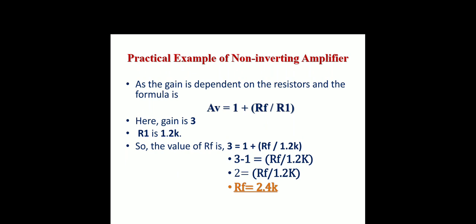So put these values in the above formula and we get 3 is equal to 1 plus RF upon 1.2 kilo ohm. And you can observe the simplification of the equation, and after that we get RF equal to 2.4 kilo ohm.